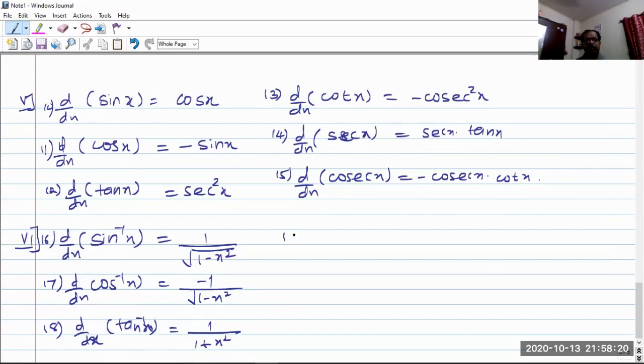And what will be the derivative of cot inverse x? It is again the negative of the derivative of tan inverse x.